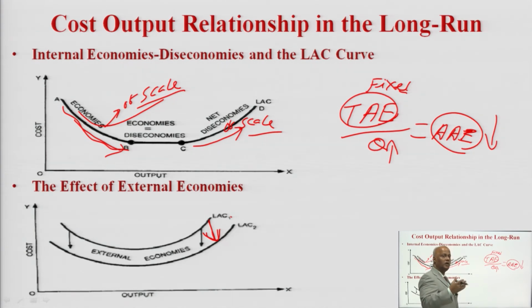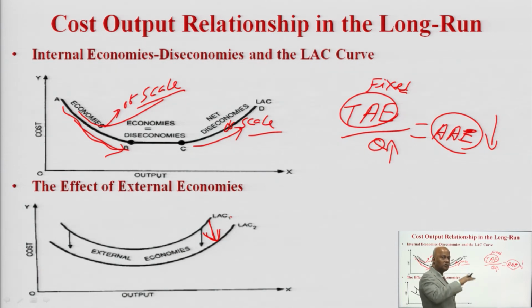If you are going for more and more automation, then what happens? The efficiency of the machine is much higher as compared to the labor force. So, you will find that the cost of the machine remains the same. Now, whenever the machine produces more and more, what happens to the average cost?